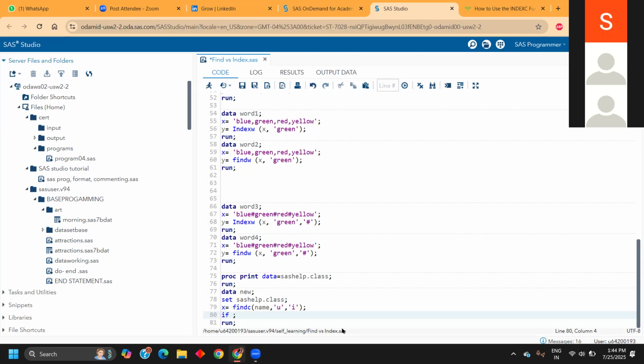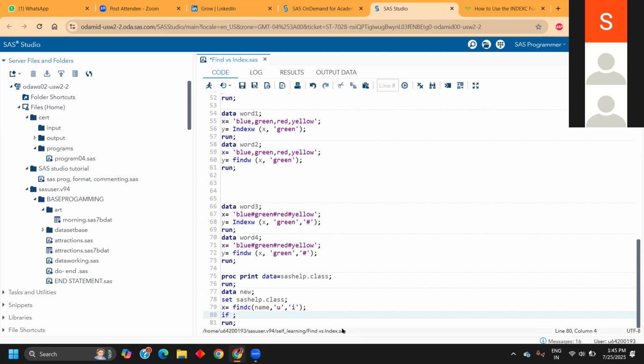I mentioned if CMISS of named hyphen double hyphen weight. What did we get in the output data? We got two records for the missing values. Exactly. So why can't you use the same functionality here?